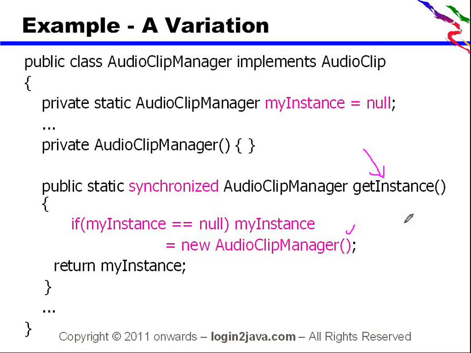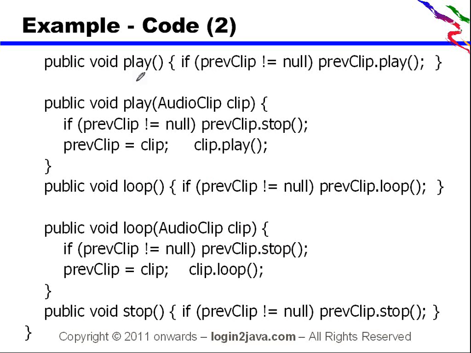Now this is the AudioClipManager code to use the singleton. If you go through the code, there is a play method. It will check if the previous clip is not null, and continue to play the previous clip.